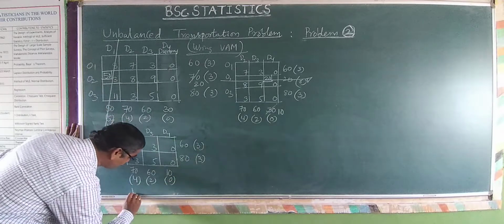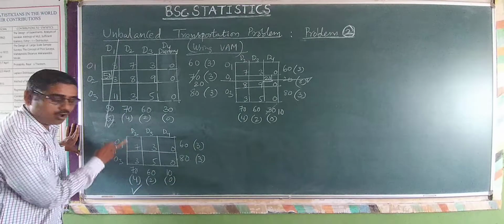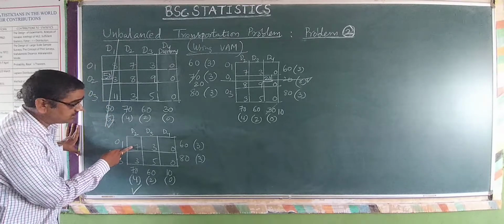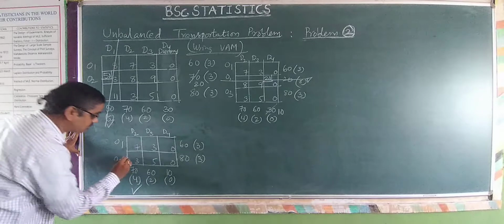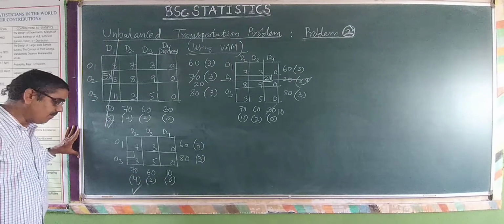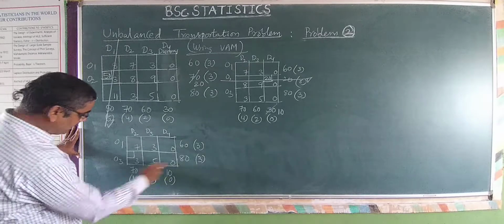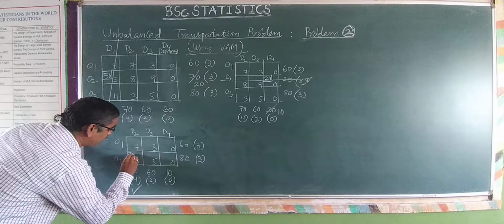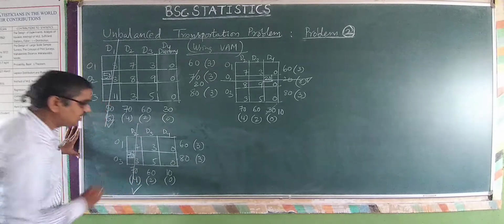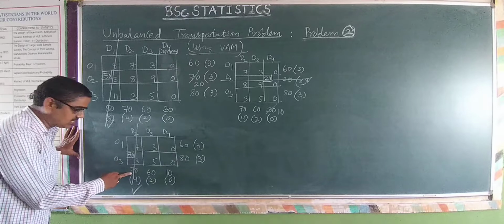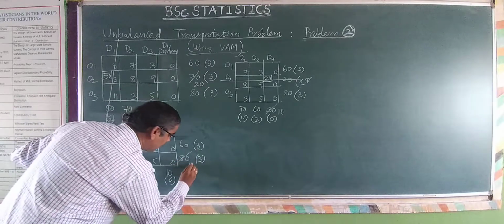The largest penalty is 4, in this particular column. In this column you have to consider the smallest cost, which is 7 and 3, the smallest cost is 3. You have to make the next allocation in this cell, the quantity here 80 and 70, the minimum is 70. Allocate 70, and then cancel, because the requirement at destination D2 is satisfied, and the remaining balance here is 10.